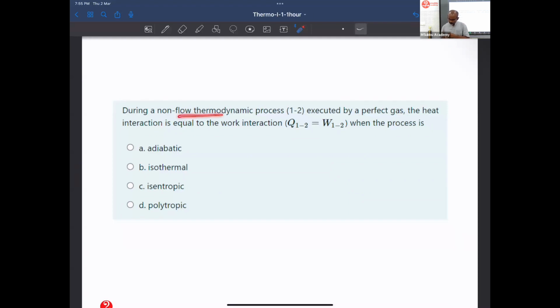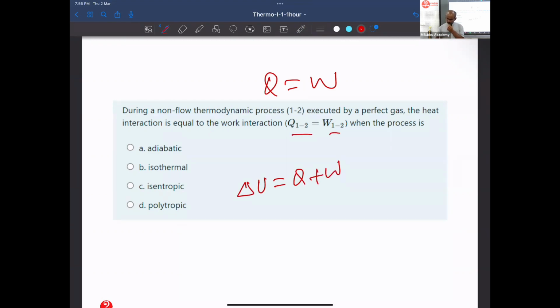During a non-flow thermodynamic process. So what is the meaning of non-flow thermodynamic process? A closed system. Executed by a perfect gas, the heat interaction is equal to work interaction. So always we get the Q and W are the same. So for which process this is applicable? Otherwise, we know the equation delta U equal to Q plus W or minus W. So here W and Q are said to be equal.